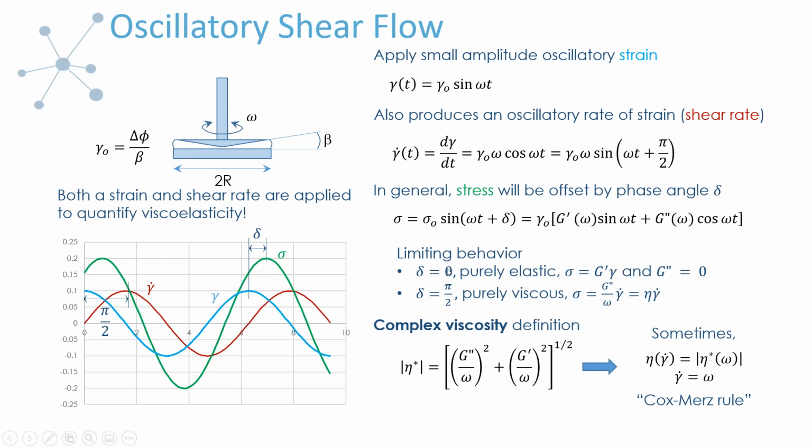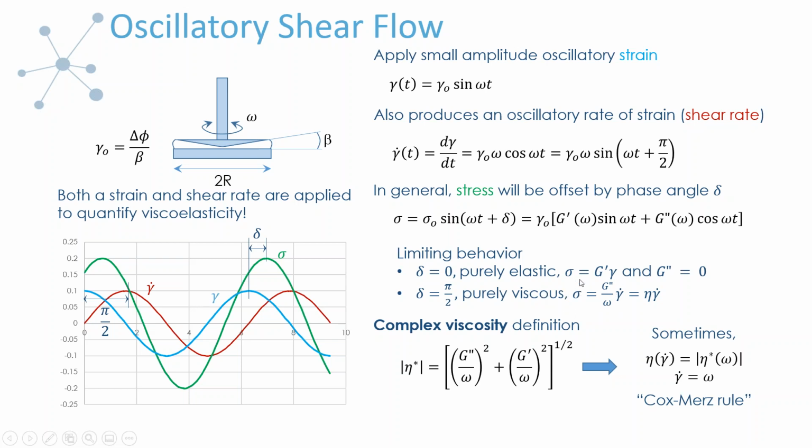When your phase angle goes to 0, that means your stress is fully in phase with your strain and the material is purely elastic. So we're just getting one modulus here; the viscous modulus is 0. The opposite limit, when your stress is out of phase with the strain by pi over 2, means it's fully in phase with the shear rate or rate of strain, and your material is purely viscous.